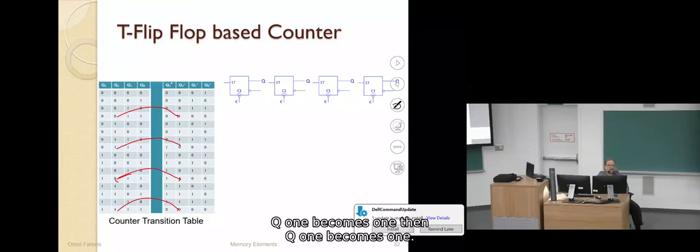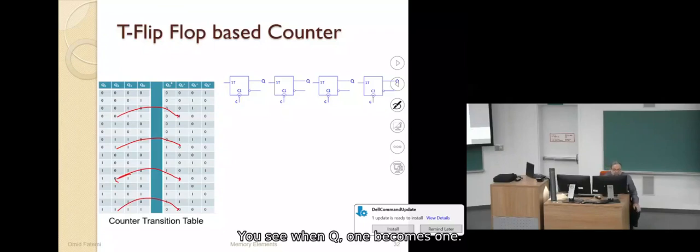But here we have 1 also. So what do we do? When Q0 and Q1, both of them become 1, then we toggle it.